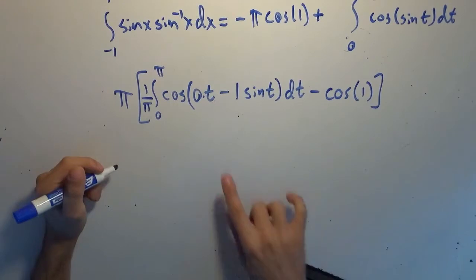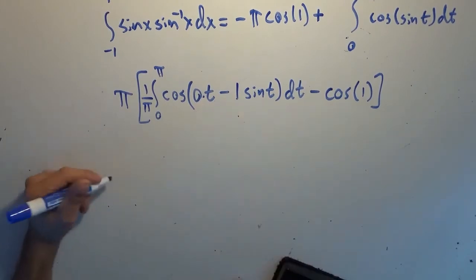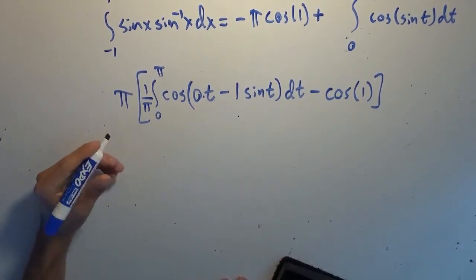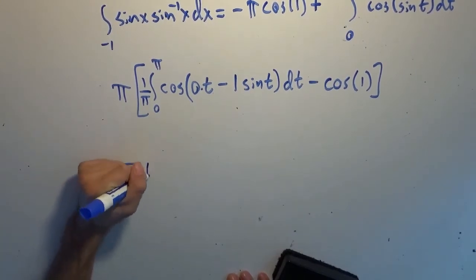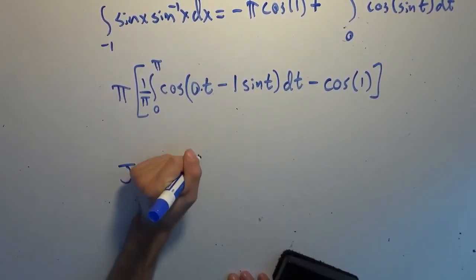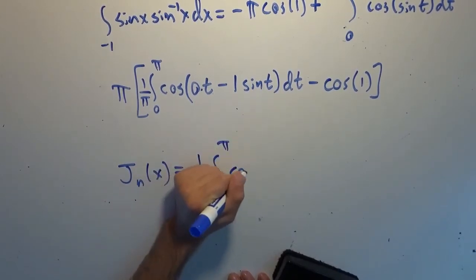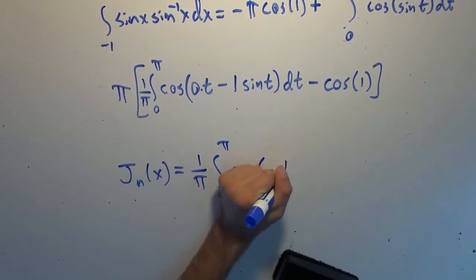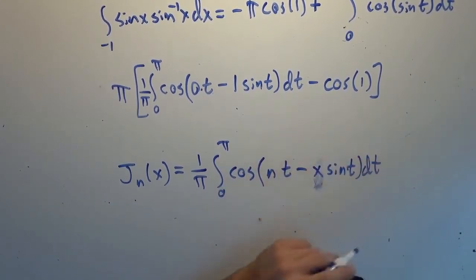If I consider these to be sort of arbitrary numbers, this 0 and negative 1 here, then we have a special definition here. There's something called the Bessel function of the first kind. It's denoted j sub n of x, and it's equal to 1 over pi times the integral from 0 to pi of the cosine of n times t minus x times the sine of t dt.